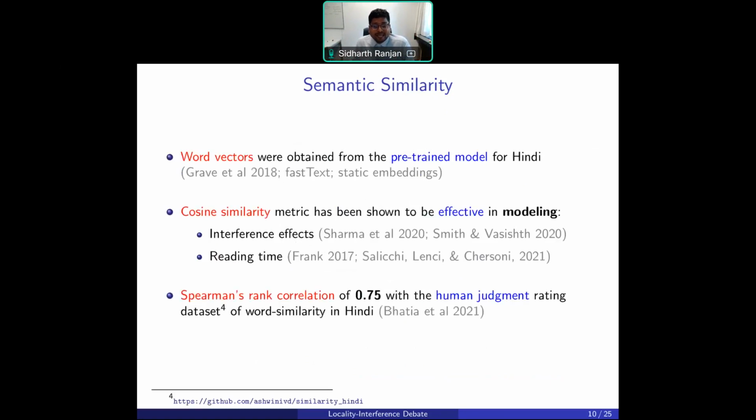In order to cross-check whether this cosine similarity metric really accounts for similarity-based interference, we make use of a human judgment rating data set of word similarity in Hindi, and we find that the cosine similarity metric has a Spearman rank correlation of 0.75. This attests that the metric we are going to use has psychological reality with respect to modeling interference effects.